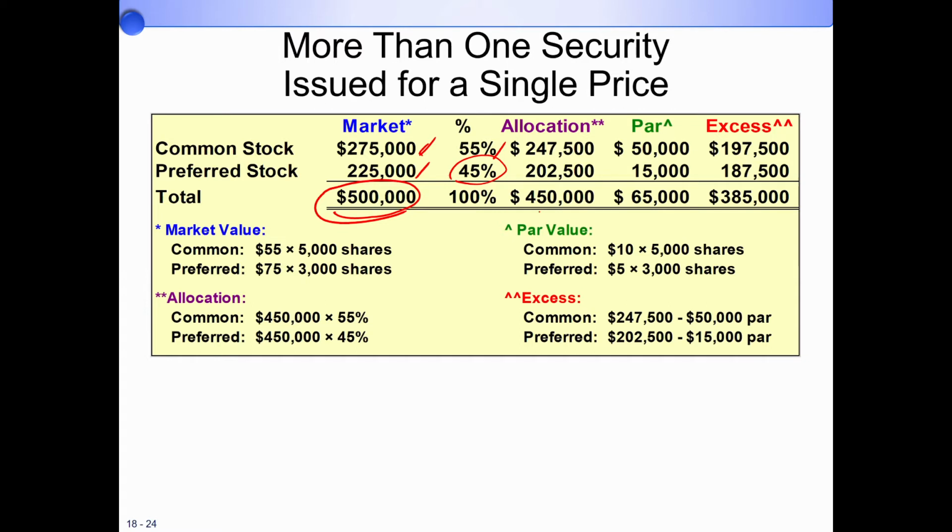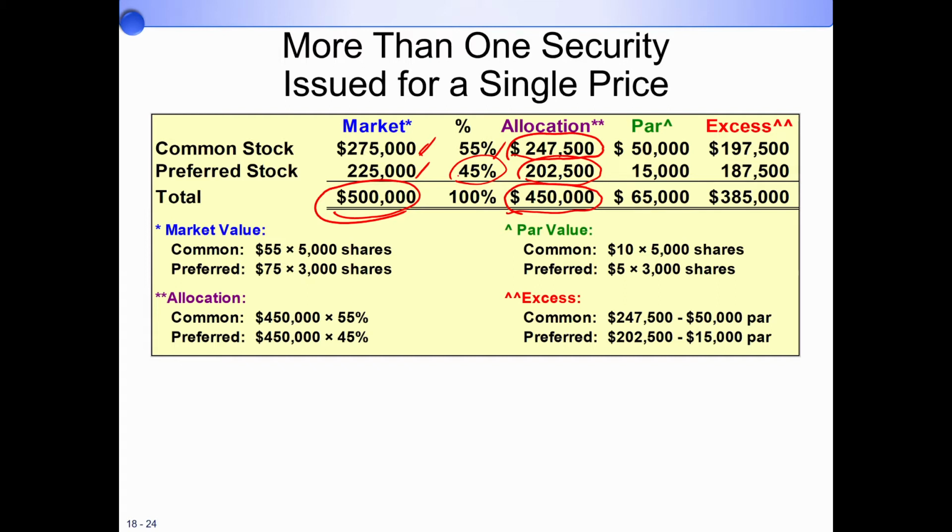Because the total issue is 450, so 55% times 450, that's how we get the 247,500. That is the total paid-in capital from this common stock issuance. And the remaining part, this 450 times 45% equals 202,500. That will be the total paid-in capital related to the preferred stock.